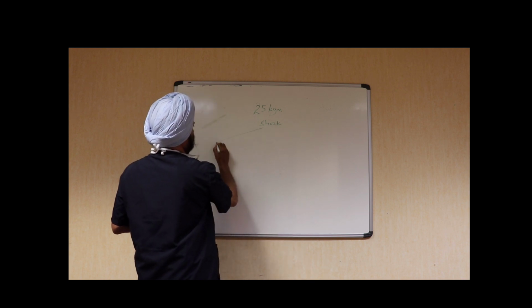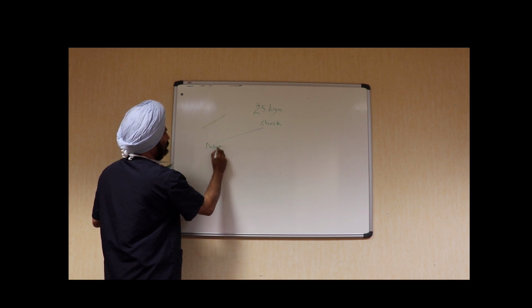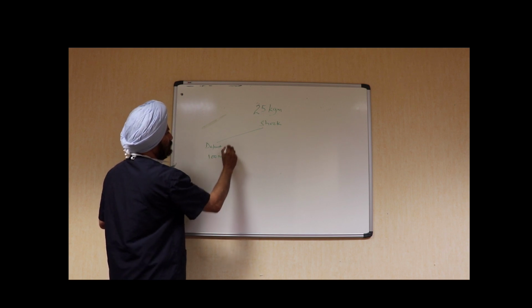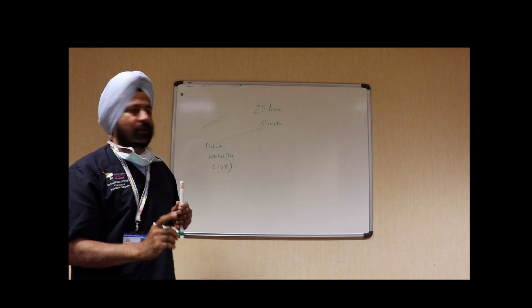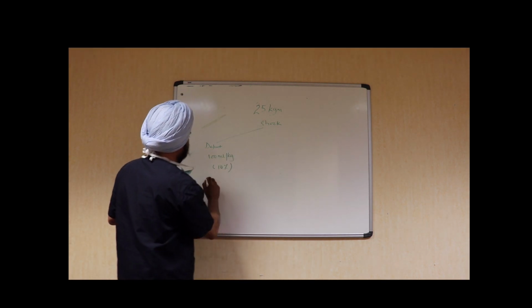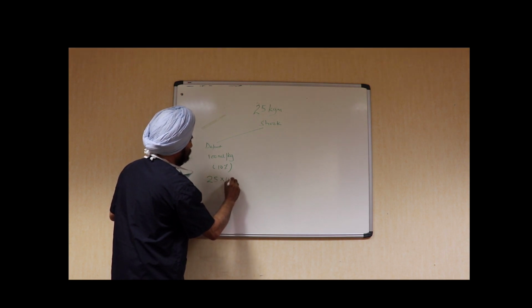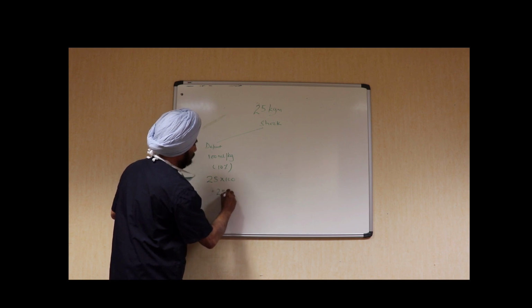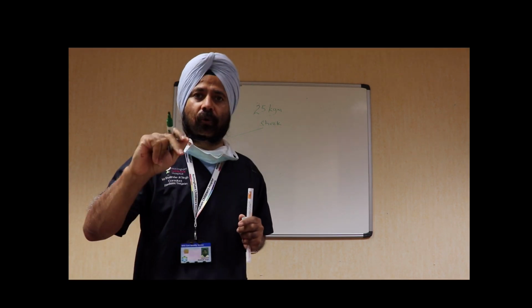So we talked about that. The deficit of this child is 100 ml per kg, because this child has lost 10% of the body weight being in shock. So for 25 kilogram, this will be 25 into 100 is equal to 2500 ml. So this is the deficit which you have to correct.